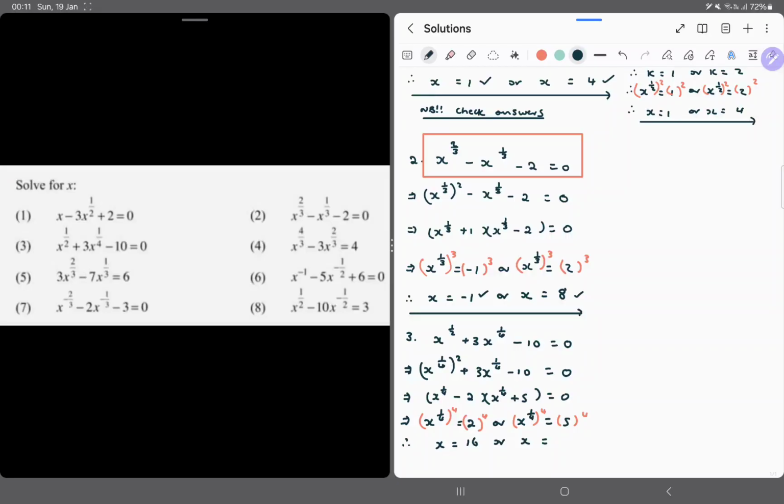Did I say 5? That should be minus 5. Big mistake. But of course this is an even root, so it's going to give us a proper answer here. 5 to the 4 is 625.